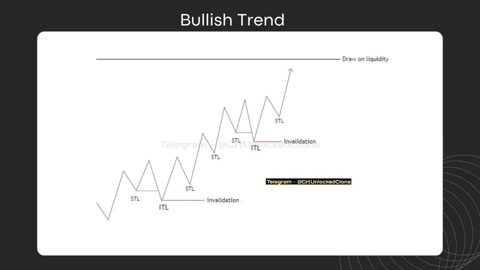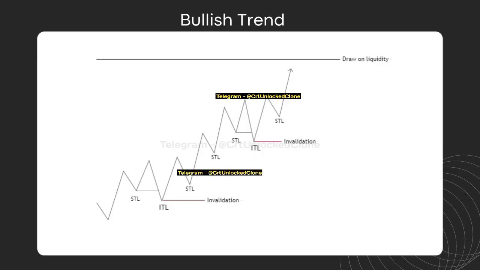Now, the unique and important thing about this intermediate term low is that this low is what we also call a protected low. You may have heard me or Romeo talk about protected lows and highs, right? And you might have second guessed yourself wondering what we are actually talking about. If you didn't know the answer, then this right here is exactly the answer and how we classify protected highs and lows, right?